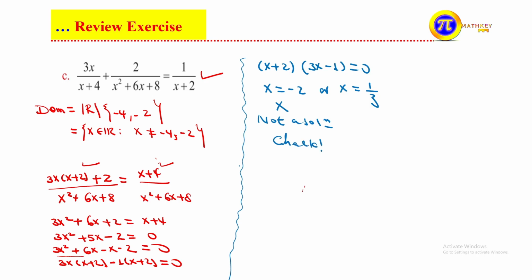Let's substitute 1 over 3. Substituting 1 over 3, 3 times 1 over 3 is 1 over x plus 4, that means 1 over 3 plus 4, LCM 3, so 13 over 3, plus 2 over x square, which is 1 over 3 square, that is 1 over 9, plus 6 times 1 over 3, that is 2.